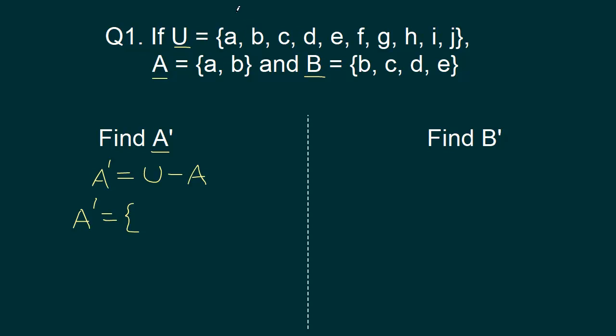We start with the letter A. We see that A is also in set A, so we cannot write A. Then we move on to B, and we see that B is also present.